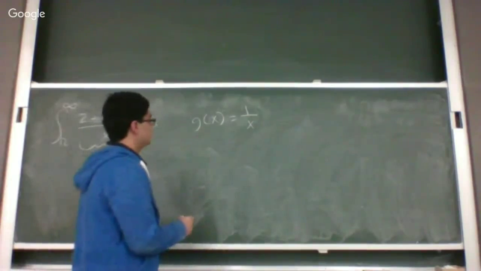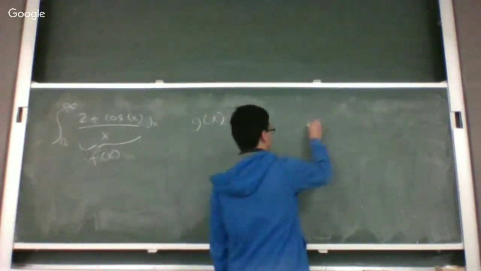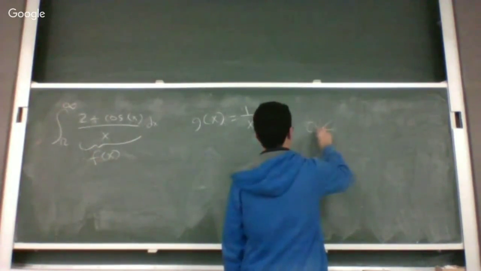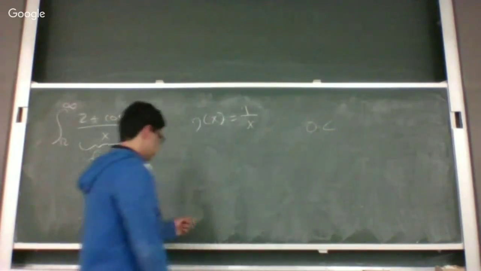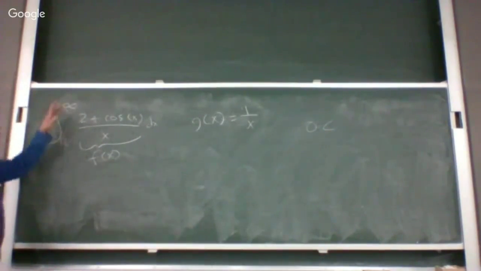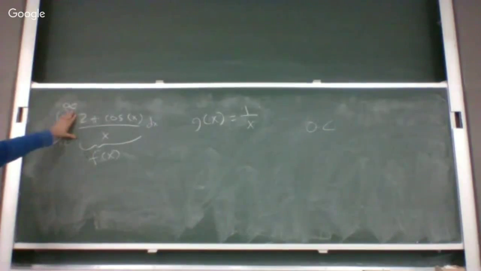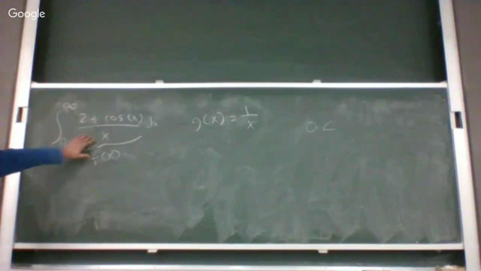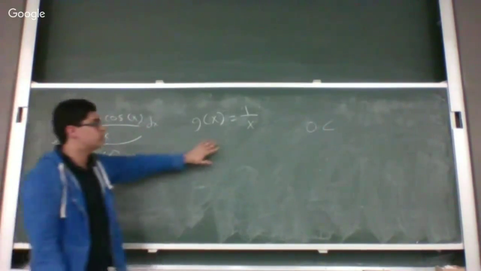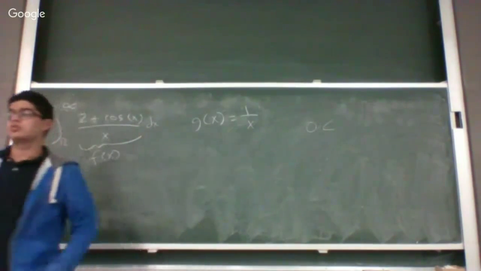Now we need to know which one is bigger. Cosine of x goes up and down, so it's not going to affect the overall function once we reach infinity. Neither is the 2. The only thing that's going to matter is the x. So we make our g of x 1 over x.